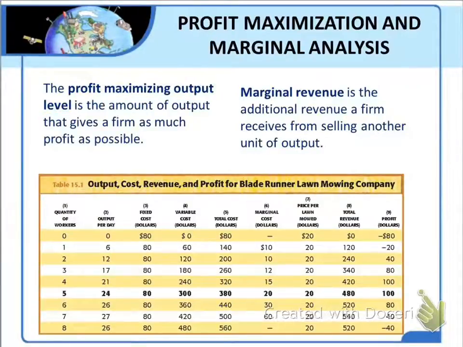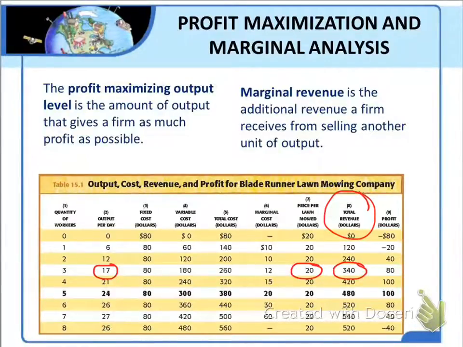So this table once again shows Blade Runner's total revenue in column 8, right here. So for example, when Blade Runner mows 17 lawns for $20 each, its total revenue is 17 times 20, which is the price per lawn right there, and that equals $340. So that will be their total revenue.